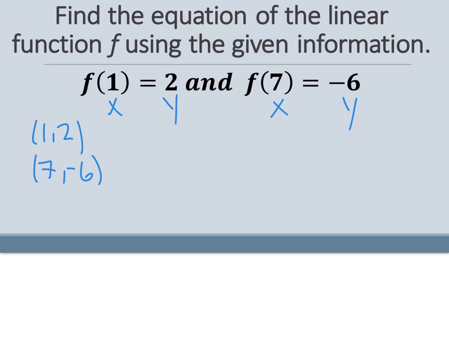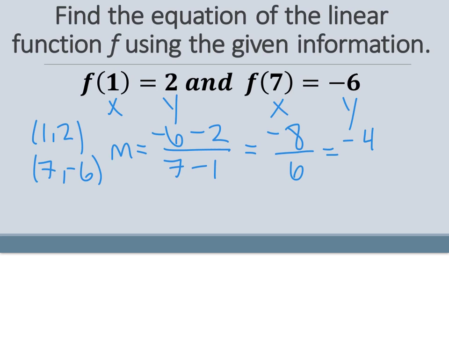From these 2 points, we can go ahead and figure out what slope is. So y2 minus y1 all over x2 minus x1. So we get -8 over 6, which is -4 over 3. There's our slope, not too bad.